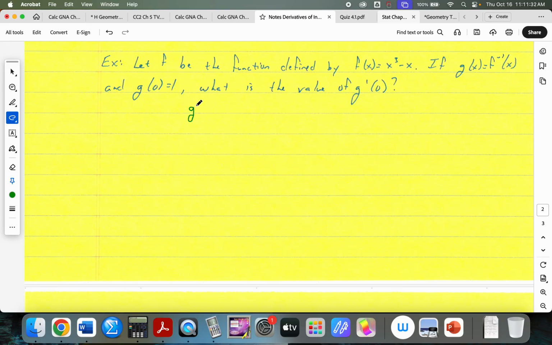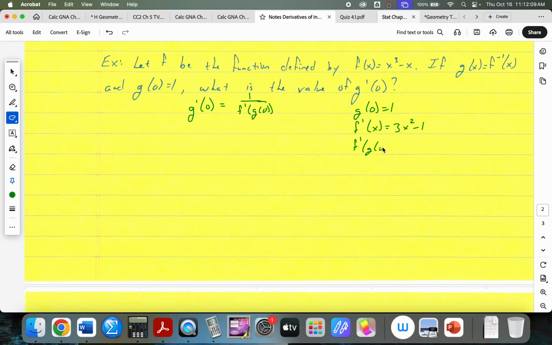I always start with what I want to know. G prime at 0 is going to be equal to 1 over f prime of g of 0. And on this one, they went ahead and told you g of 0 is 1. F prime of x is 3x squared minus 1.